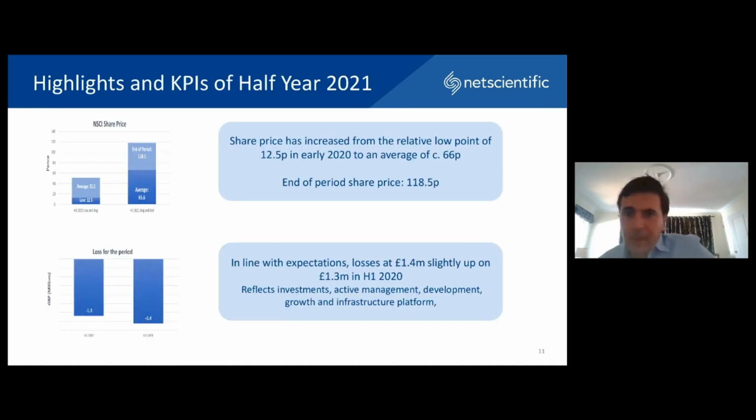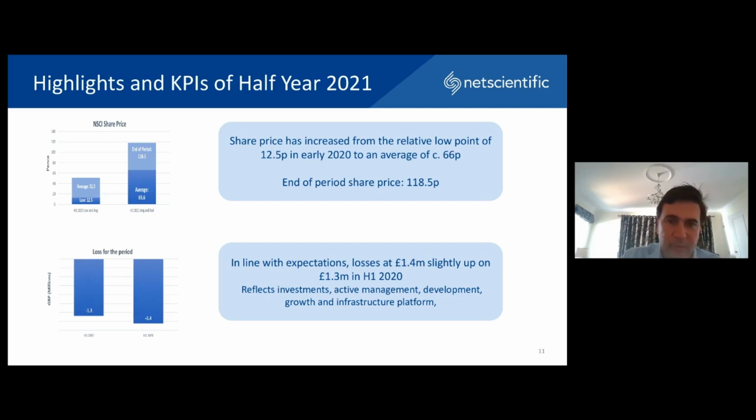Thank you very much, John. And of course, ultimately, performance needs to be translated in numbers. And ultimately, the most important number is the price per share. And here, in a sense, there are two stories. There's one story of a remarkable recovery over the last 18 months, whereby at the beginning of last year, around February, we reached an all-time low of 12.5p. I think at the time the market cap was roughly £2.5 million, which of course was absolutely disastrous.